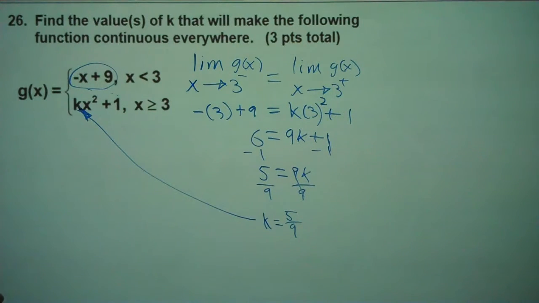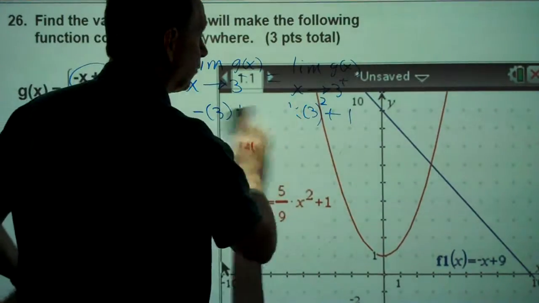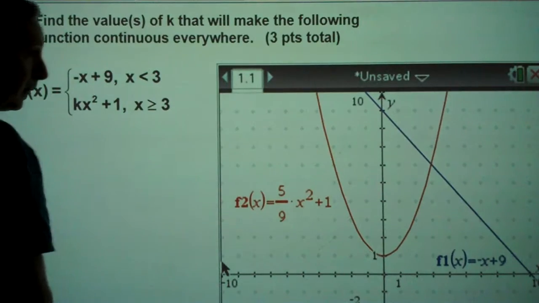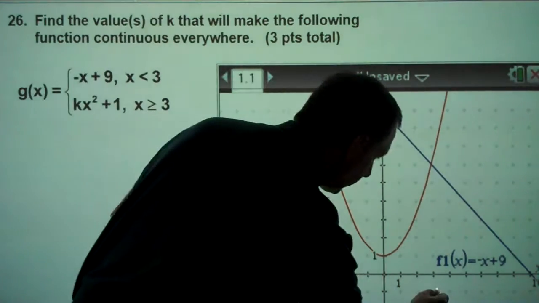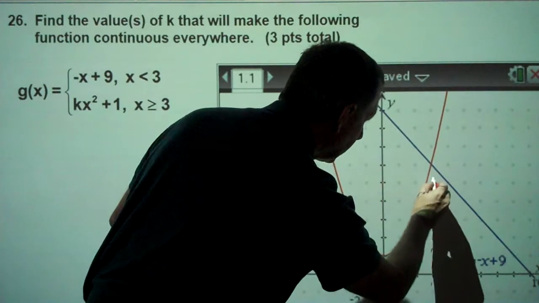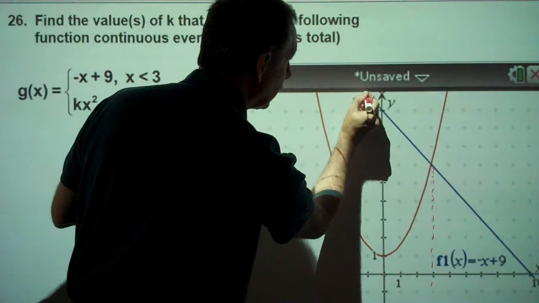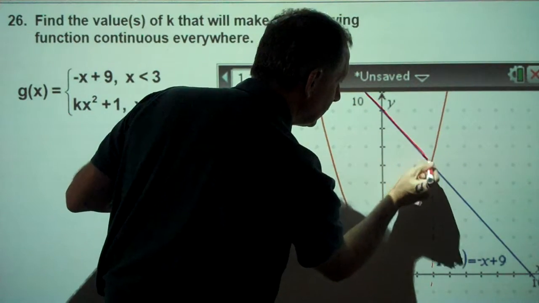So what we're going to do next is look at the graph of 5/9 x squared plus 1 and see how that matches. Here we have x equals 3 again, and we see that we join up to an intersection right here. Going from the left, we come on this piece, negative x plus 9.